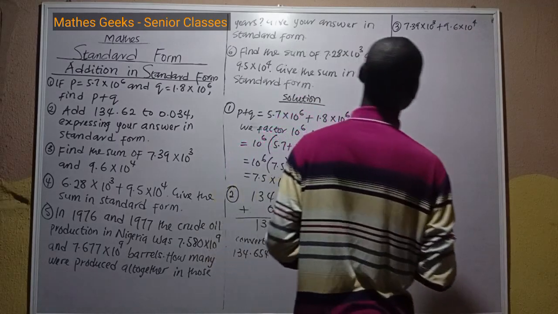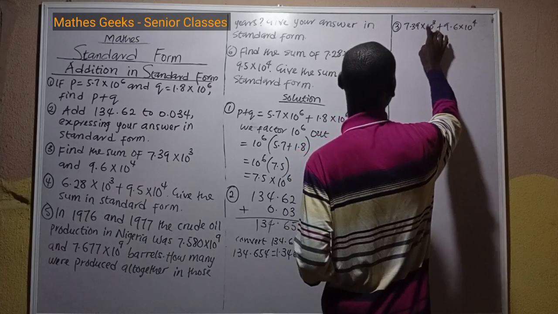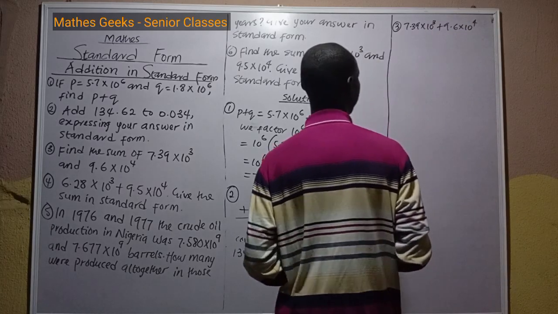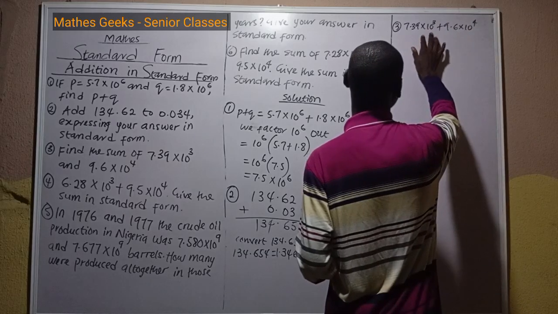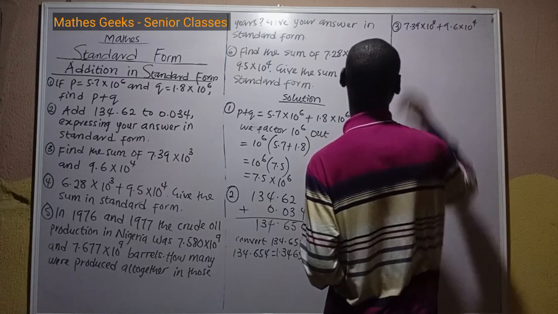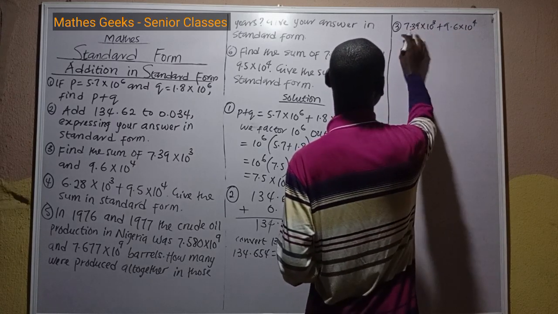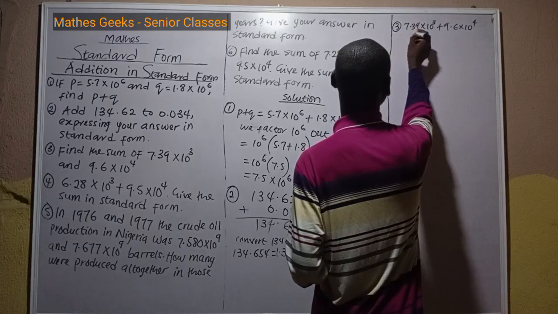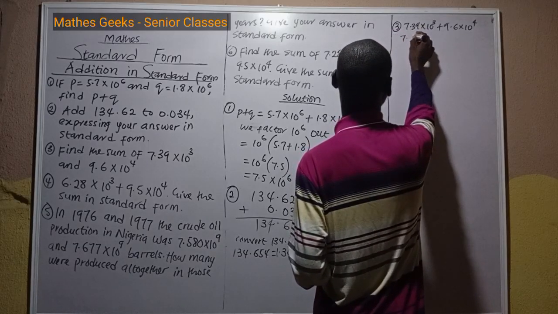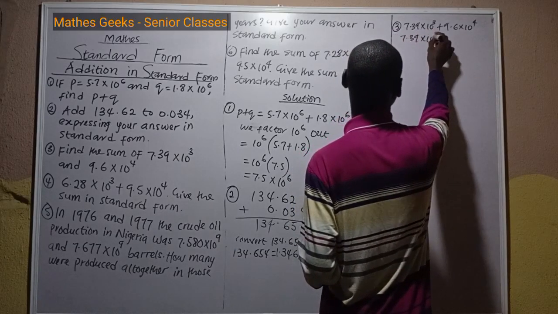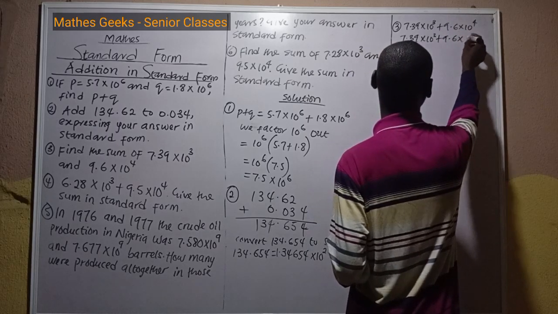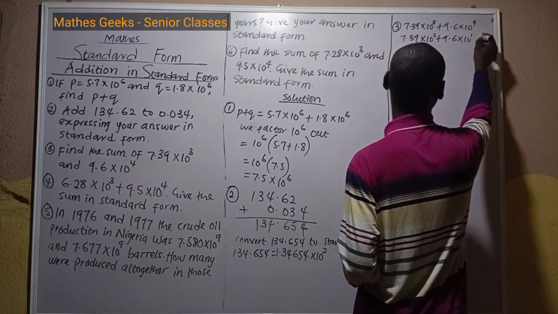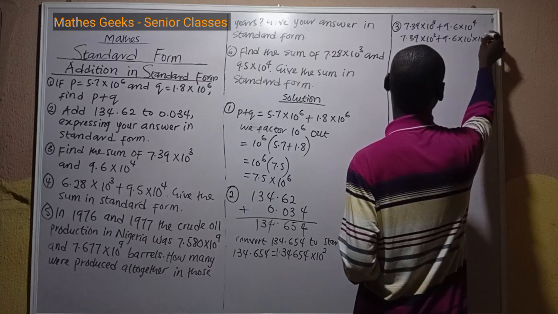Now in this particular case, the powers are not the same. So what we're going to do is ensure that the powers are the same. So this equals 7.39 times 10 raised to the power 2 plus 9.6 times 10 raised to the power 2 times 10 raised to the power 2.